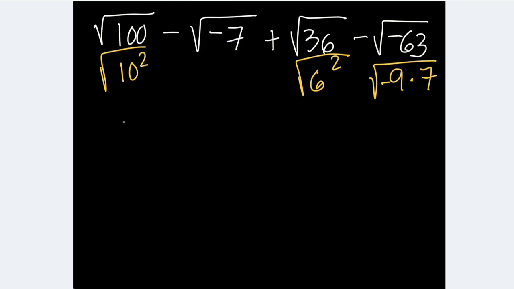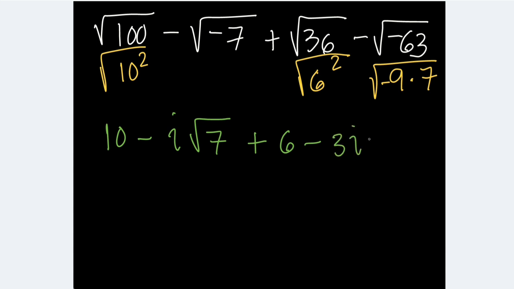So square root of 10 squared is 10 minus square root of negative 7 is i square root of 7 plus square root of 6 squared is 6 minus square root of negative 9 times 7 is 3i square root of 7. Then we group like terms. 10 goes with 6, so that is 16.